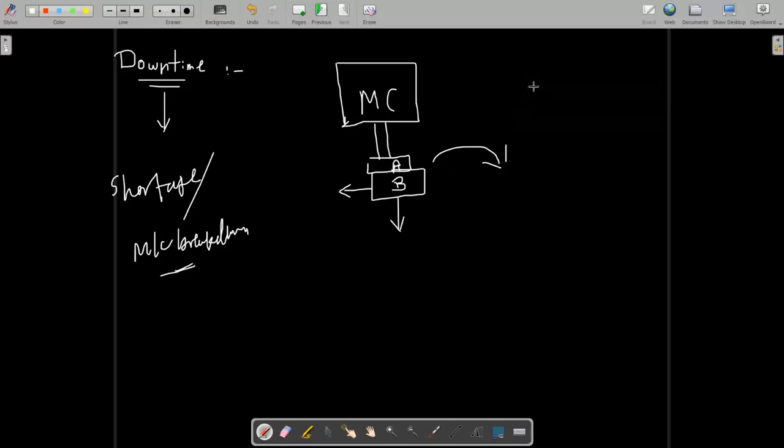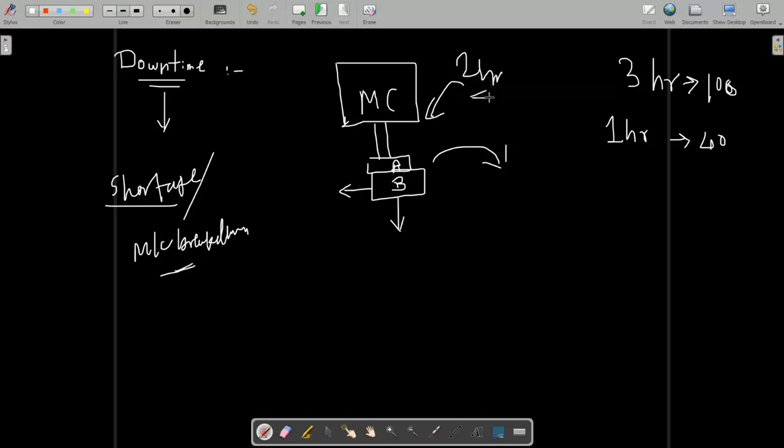If, for example, the company had decided that in 3 hours they will produce 100 pieces of this assembly AB, but after 1 hour they have completed 40 pieces and the machine breaks down, or there is a shortage, whatever it may be, and it requires 2 hours to fix this or to get the new parts, then there is a loss of 2 hours.